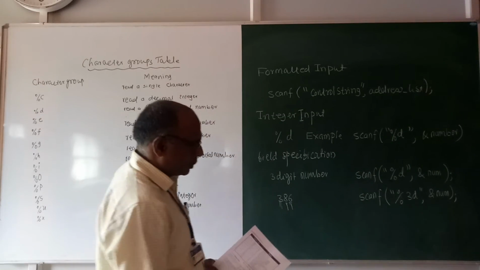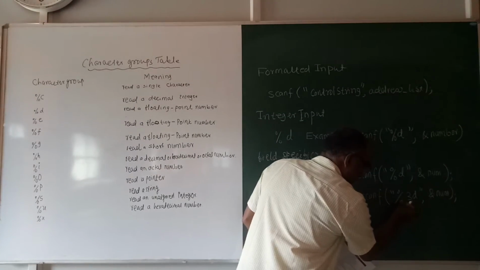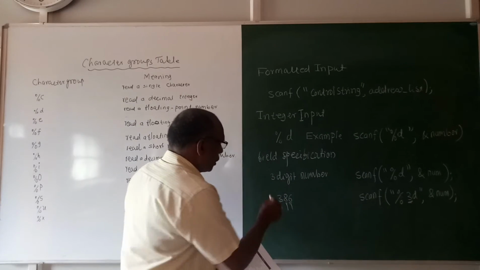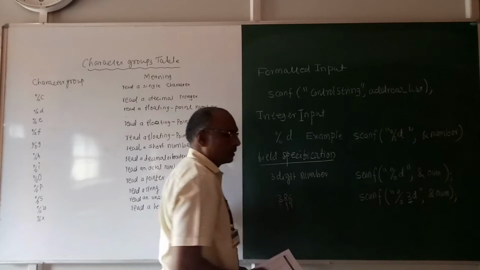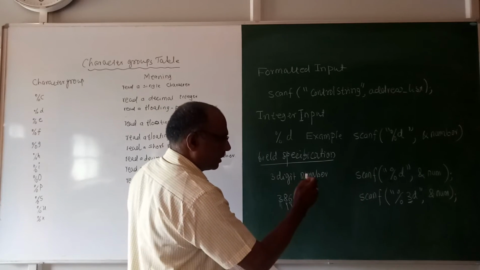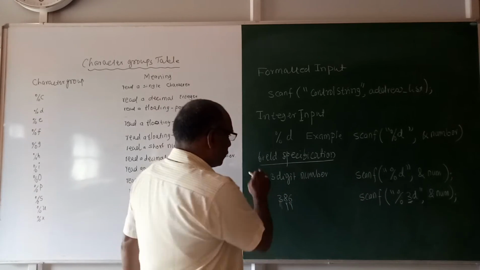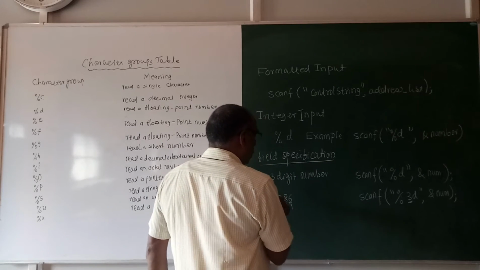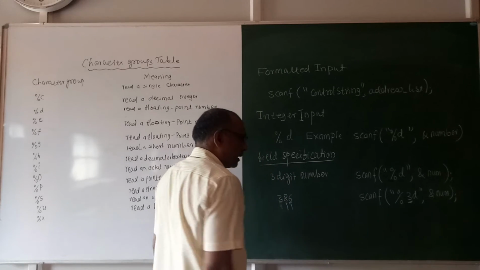Now, this 3 indicates what is called the field specification. It gives the number of locations, or the columns, for that number.